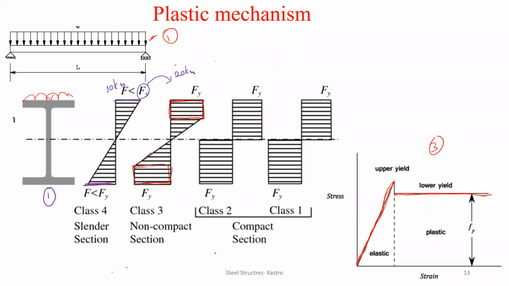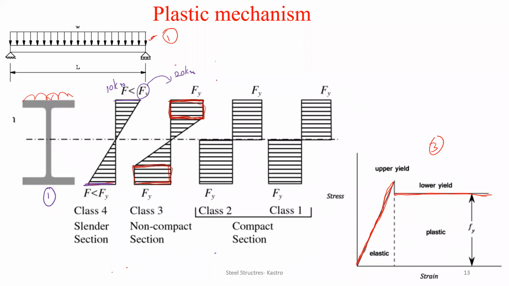It is because the fibers in the rectangular portion have reached their ultimate load. That means even if you increase the load, the fibers in the rectangular portion don't yield anymore.